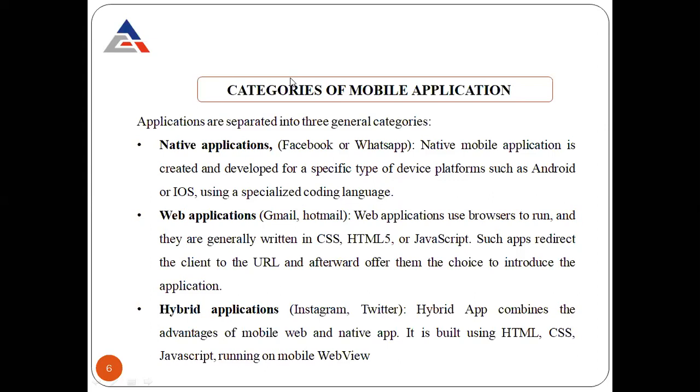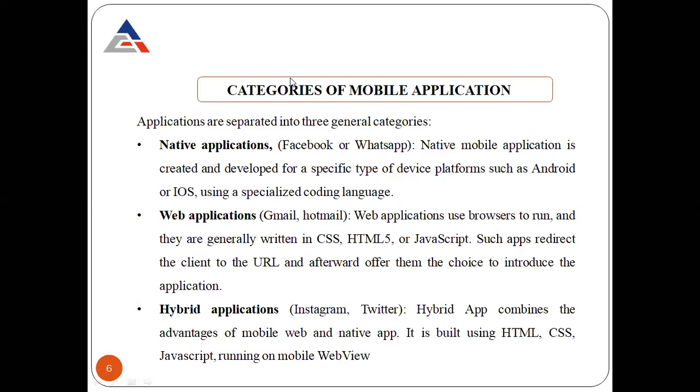So what we call the native application is created and developed for a specific type of device platform such as Android or iOS. So the applications that are designed for iOS run on iOS only. It's very difficult to run any Android application on iOS. So all the iOS applications are native because they can run only on the iOS platform.